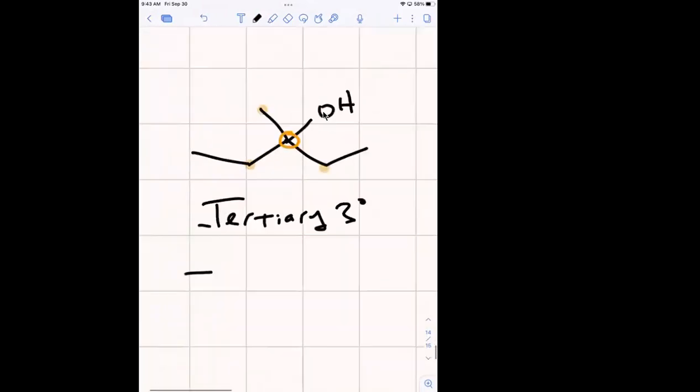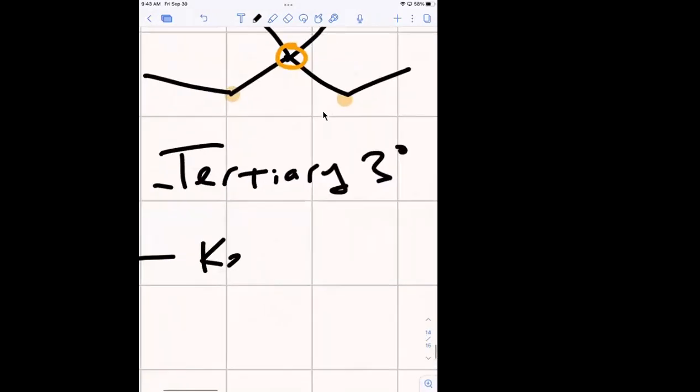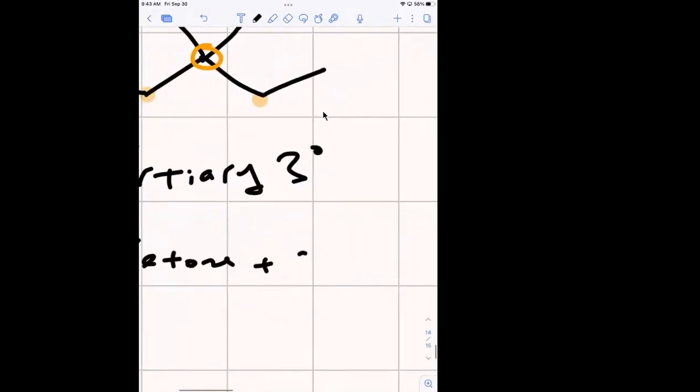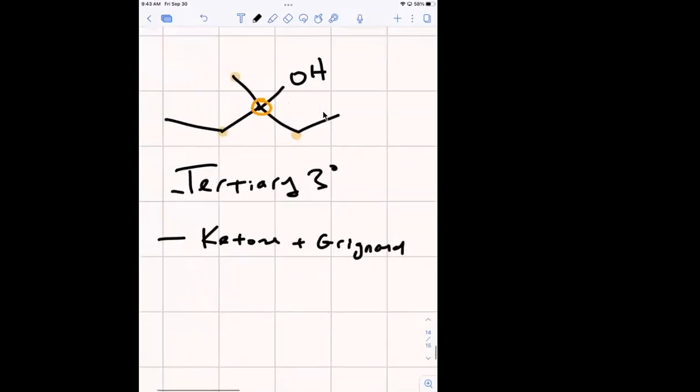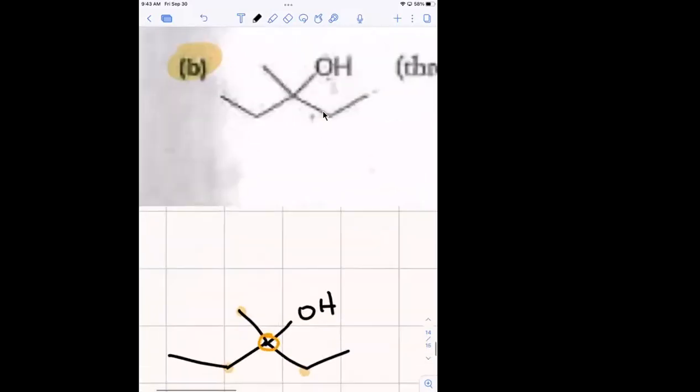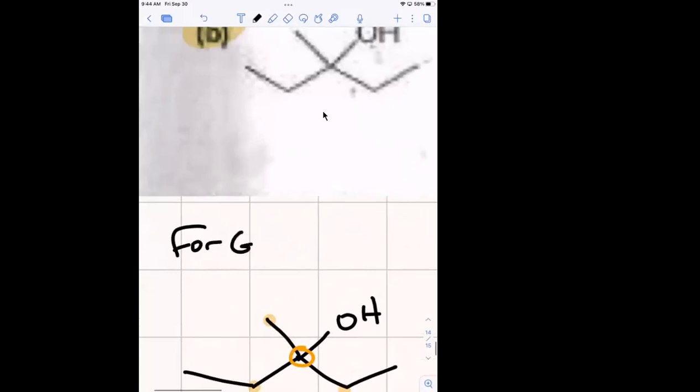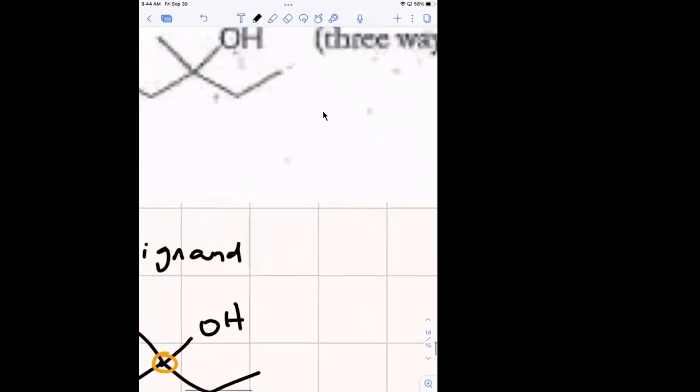It means that my starting materials are going to be a ketone plus a what? A Grignard. Remember, secondary alcohols come from aldehydes. Tertiary alcohols come from ketones plus Grignards. If we're talking about Grignard addition, I'm gonna write that somewhere. I think I wrote it already about 10 times.